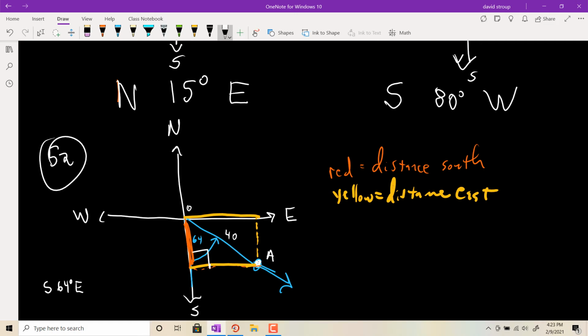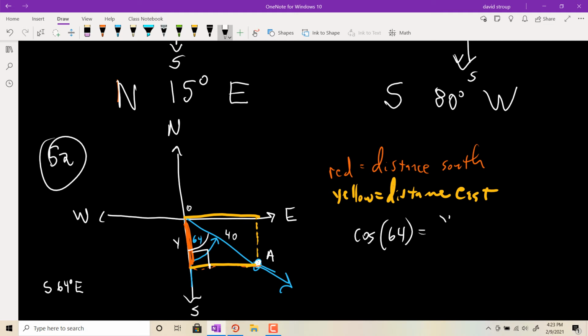So there's my right triangle, and here's my angle. This time I don't really know the opposite or the adjacent, so I may have to use different trig functions. It looks like I'll have to do two of them, right? So I know that cosine of 64 will be adjacent, which will be that red distance I'm after. I'll just call it y.